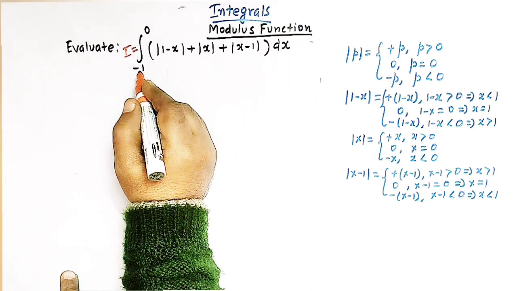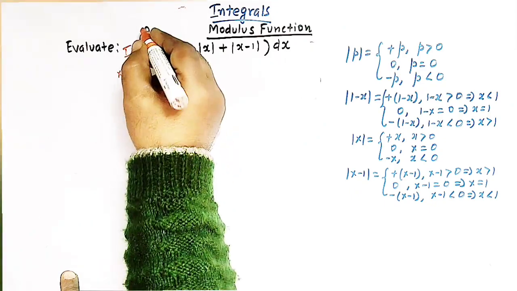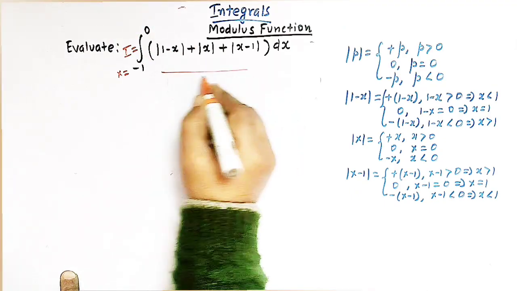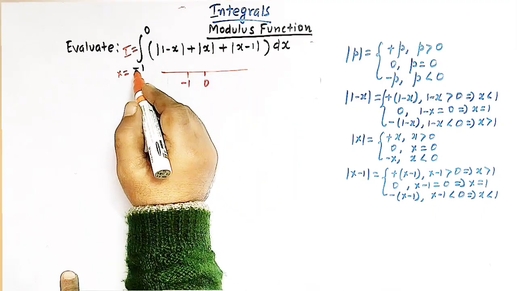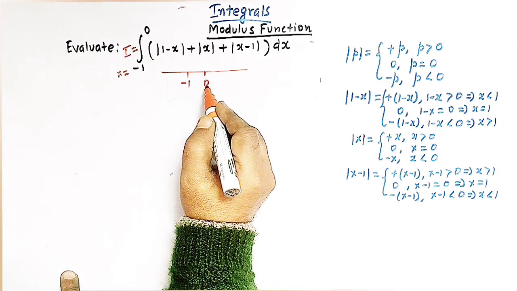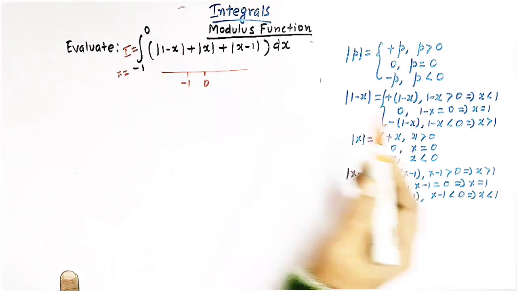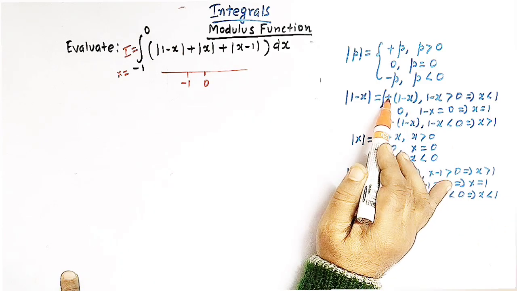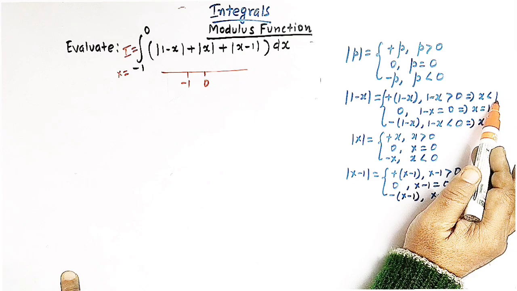Now see here, the limits of integration vary from minus 1 to 0. So here we have minus 1, here we have 0. So mod of 1 minus x is equal to positive 1 minus x when x is less than 1.